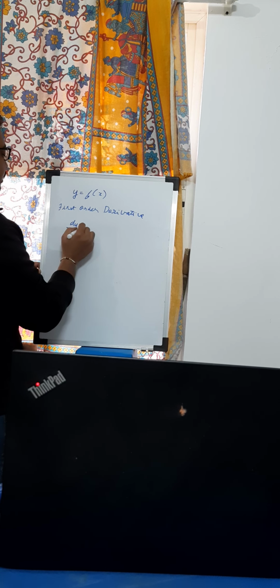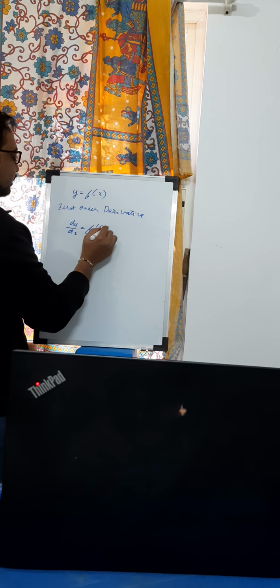If y is equal to some f of x, so y is some function of x, what is the first order derivative? First order derivative dy by dx, we write it as f dash x.